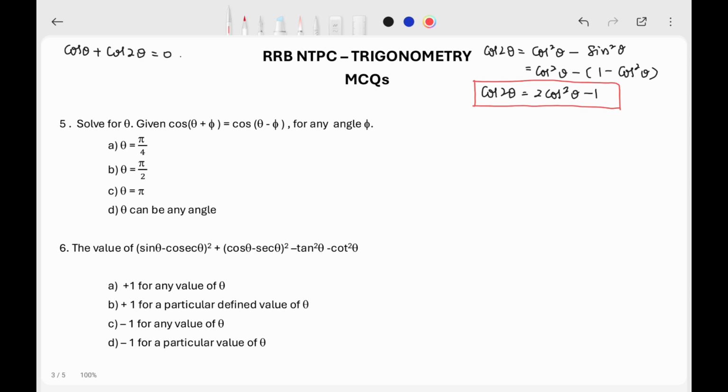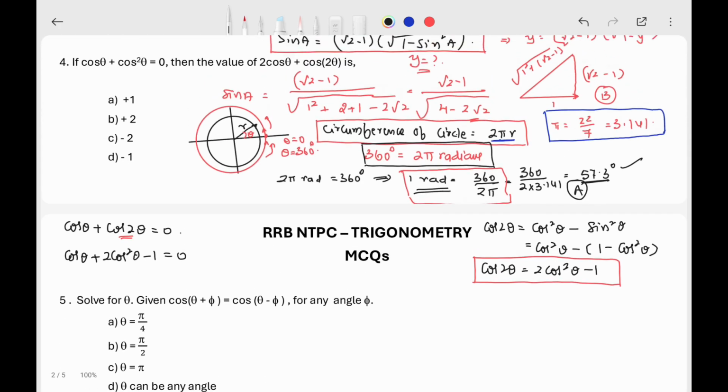Now, can I replace this value with 2 cos square theta minus 1? Then the equation becomes cos theta plus 2 cos square theta minus 1 is equal to 0. Do you agree?